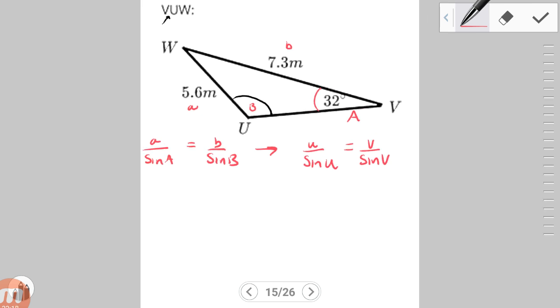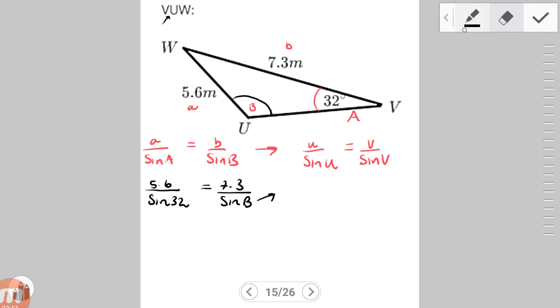All right, so here we go. Then we will have 5.6 divided by the sine of the angle facing 5.6, which in this case is 32. And that's going to be equal to b, which is 7.3, divided by the sine of the angle facing 7.3, which we have indicated to be B. Or in this case, we can say it's the angle VUW.